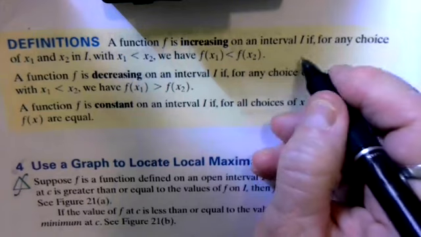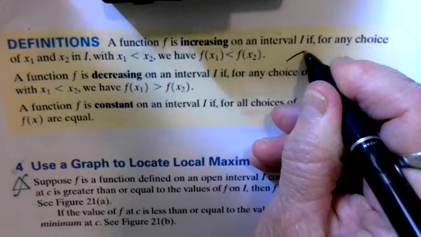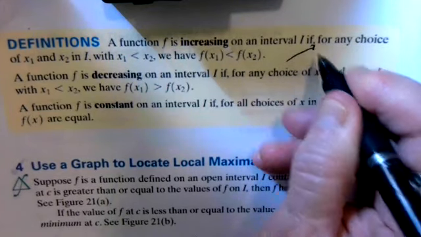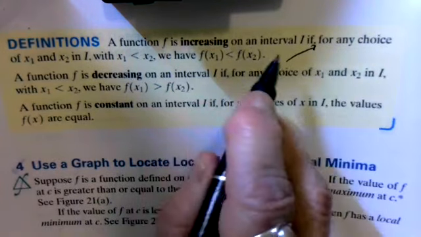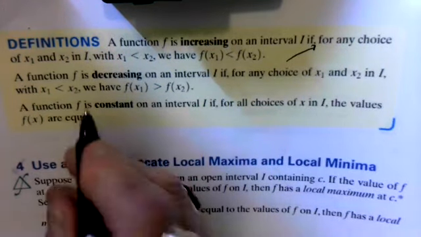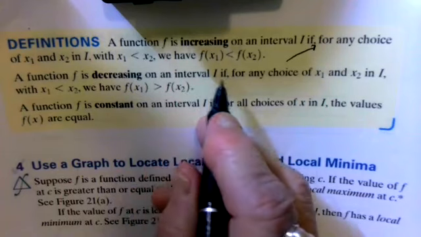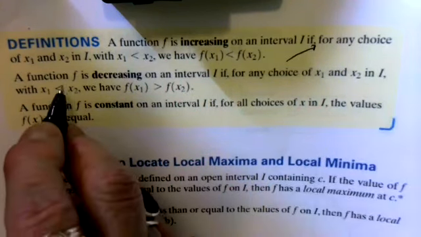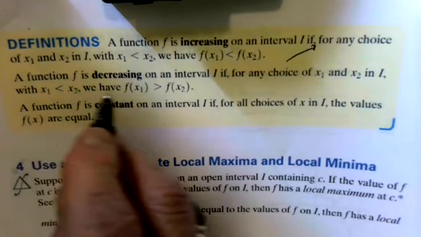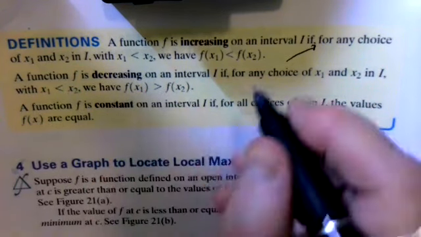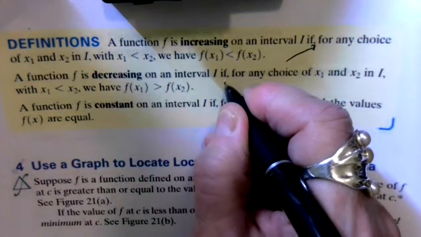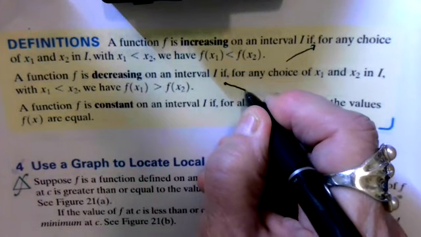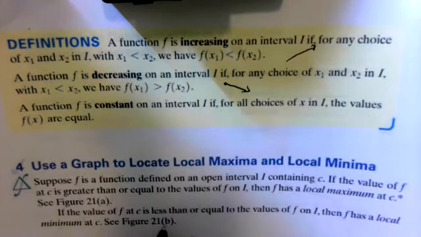So basically what that's saying is that as the x value gets bigger, the y value gets bigger. Now, a function is decreasing on an interval I if for any choice of x1 and x2 in I with x1 less than x2, we have f of x1 greater than f of x2. So what that means is if the x's are getting bigger, the y's are getting smaller.